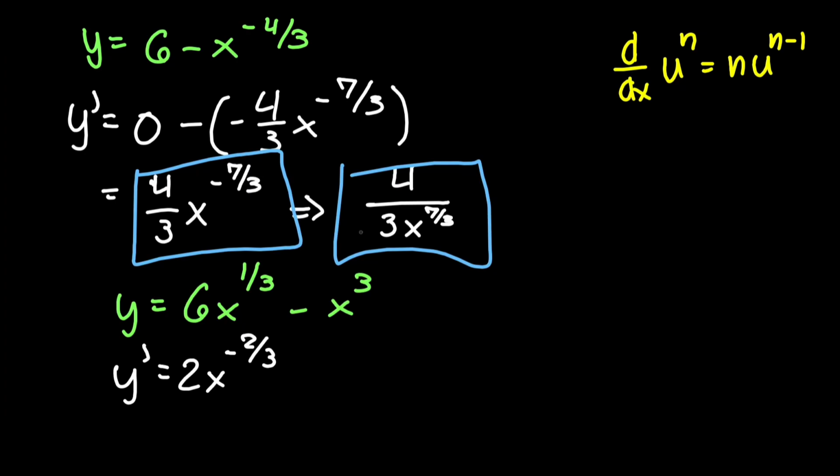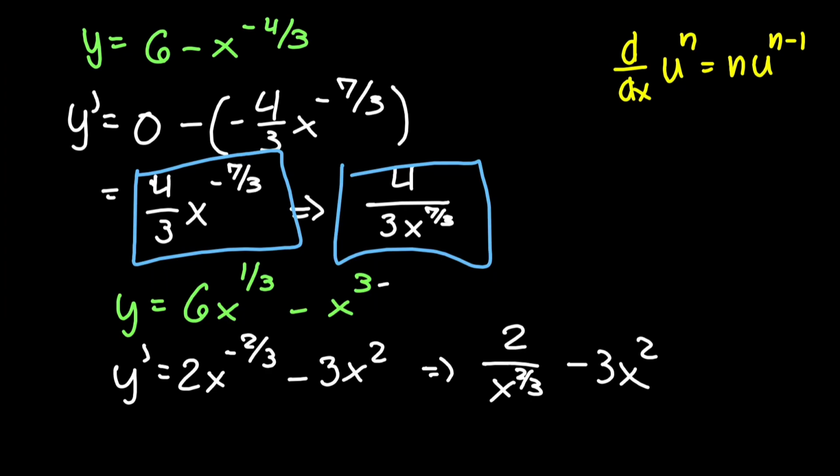I'm sorry for that pause right there. Minus the derivative of x cubed again, 1 multiplied by 3 would be 3x. 3 minus 1 would be equal to 2. If you want to put it into fractional form, it would be 2 over x to the power of 2/3 minus 3x squared.